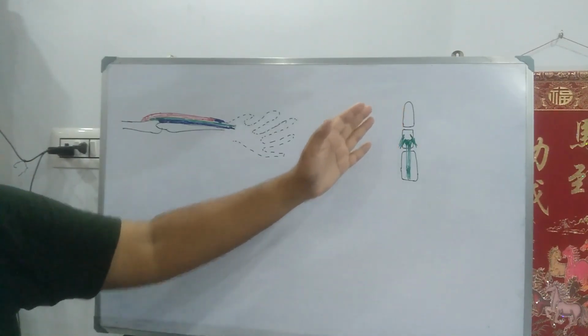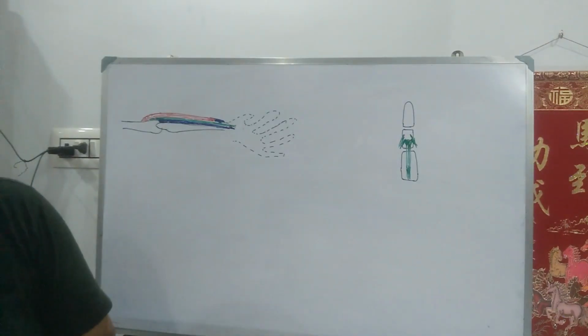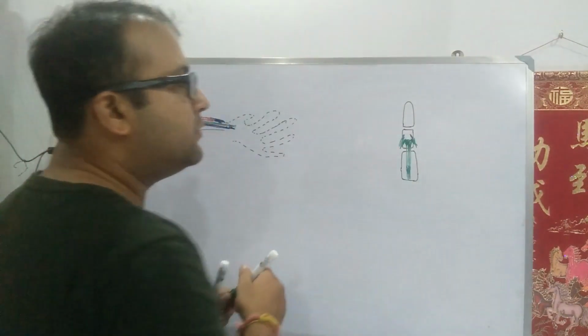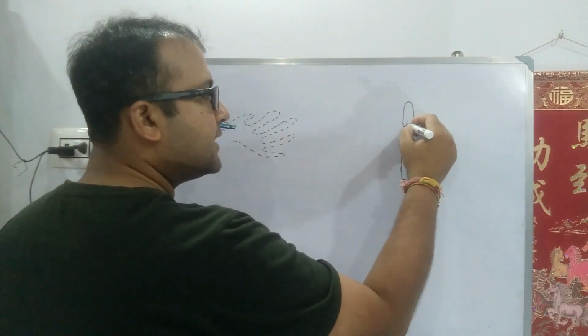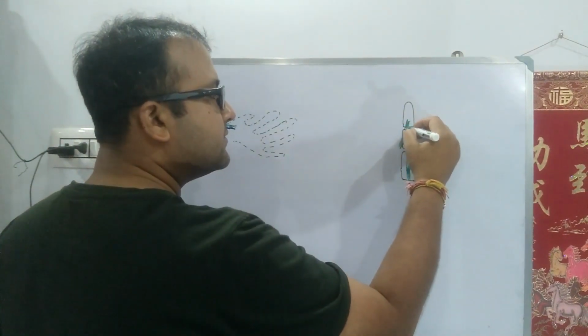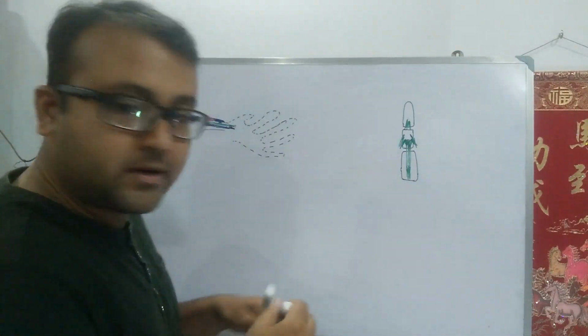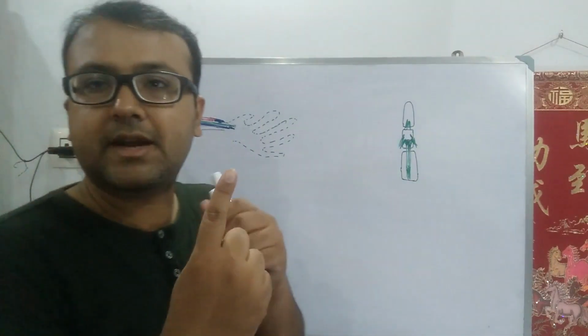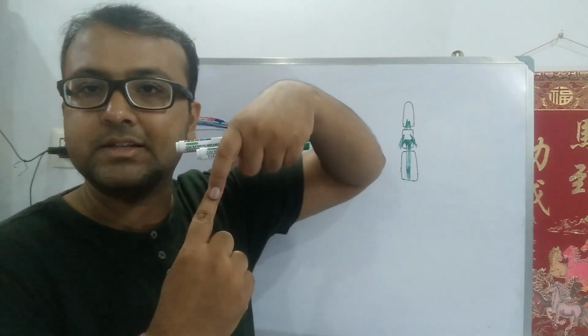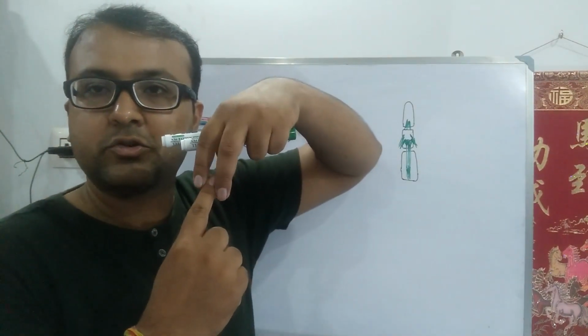So how does it work? Suppose one such tendon is coming like this. If this is the tendon present, it goes like this, and then it is going to spread.